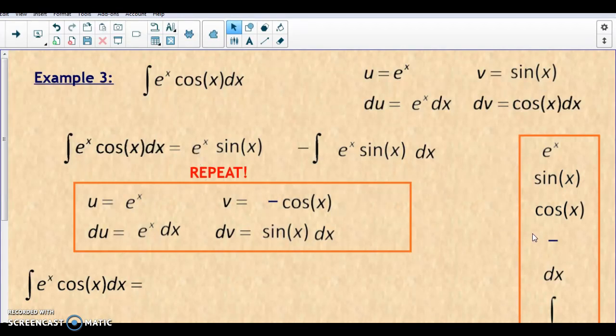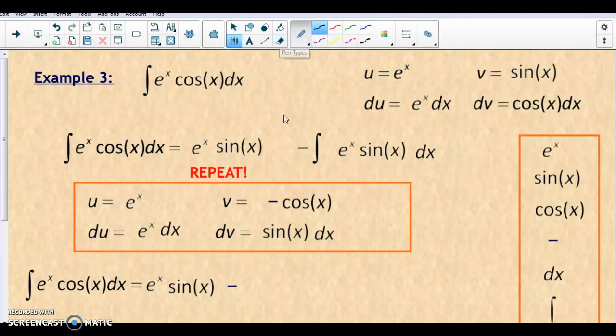Well, this stuff stays, so I can't get rid of the first part. So it's e to the x sine of x minus, I need to take the integral of this second piece here. So let me create a parenthesis here. So this is going to now be the u times v.